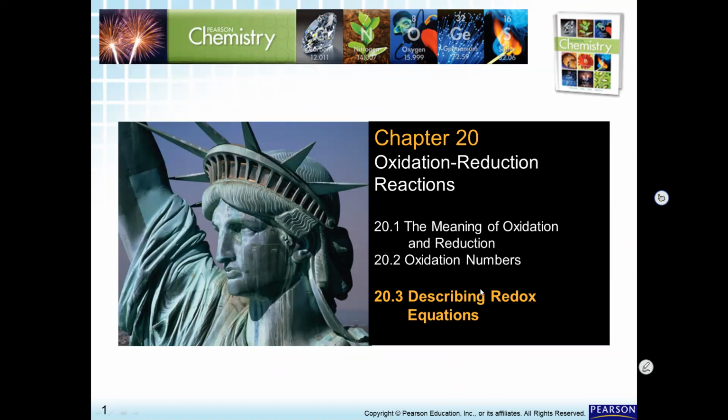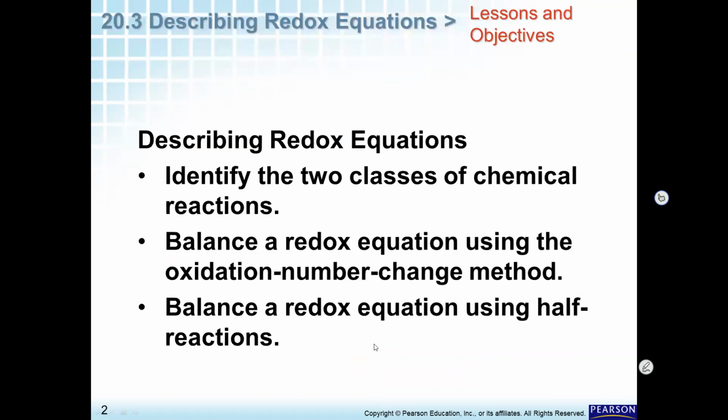Today we're going to move to section 3, which is basically an application of what we have learned in section 2 about the oxidation number. There are 3 objectives that we have to achieve, and those 3 objectives are very, very important. Meaning that after you master the rules for determining the oxidation number, it reminds me of the conversion between grams and moles using Avogadro's number.